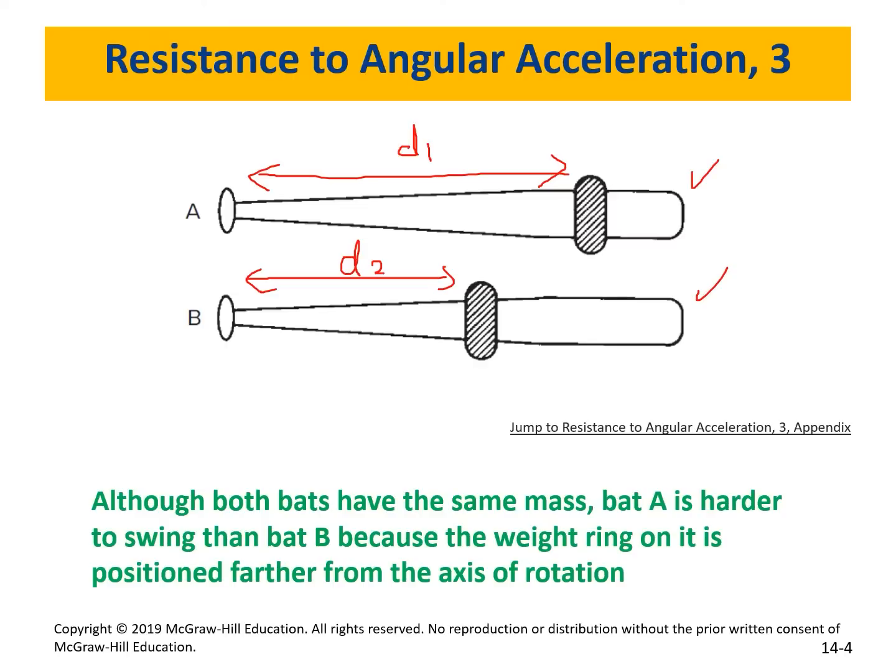So it's just like exponential. It's a very big value. So it's harder to swing this bat compared to that one because of the distribution of the mass. So it is resisting angular acceleration more, right? Correct? So although both bats have the same mass, bat A is harder to swing than bat B because the weight on it is positioned further away from the axis.